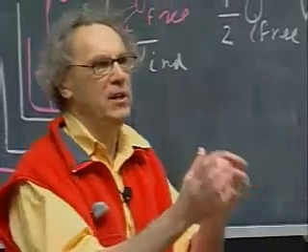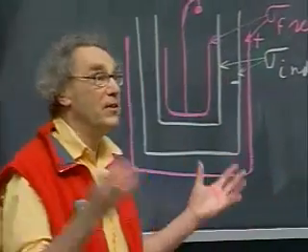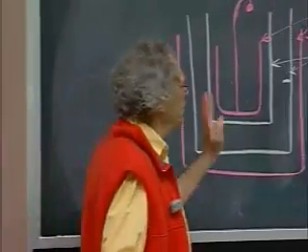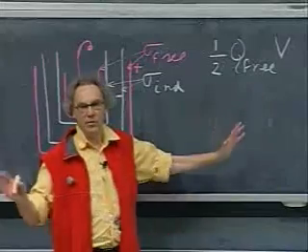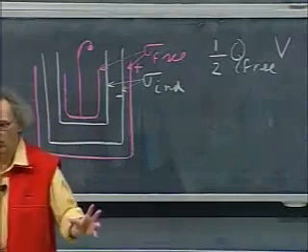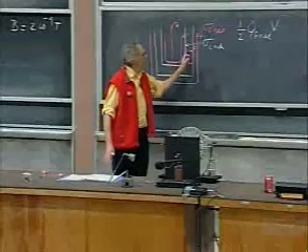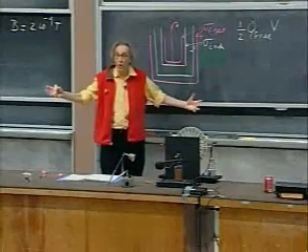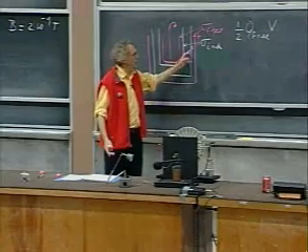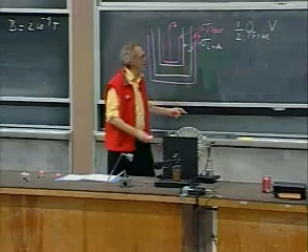I touched the conductors and discharged them. So there is no Q free left. It's gone. The moment that that is gone, the induced charge must also go away, because the induced charge is only there because of the free charge.